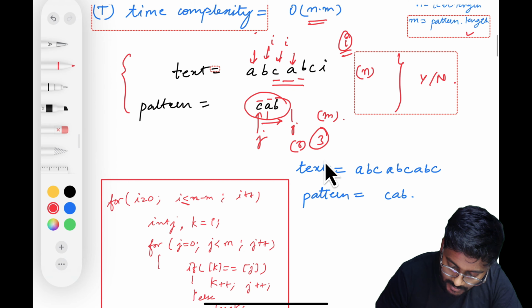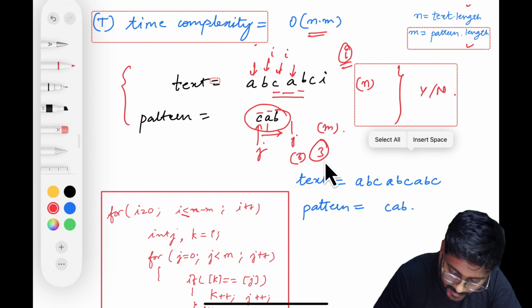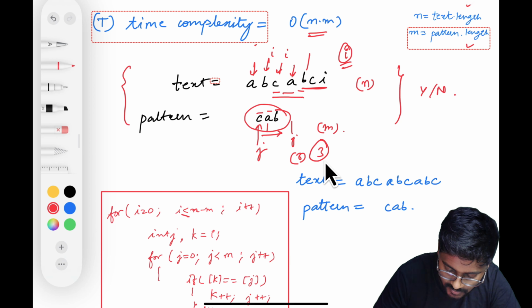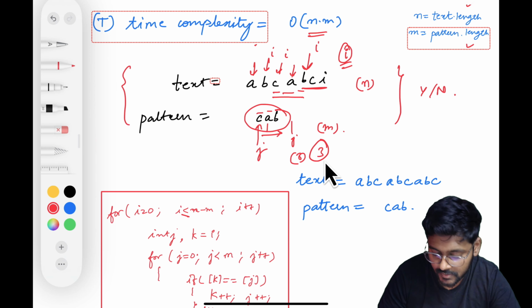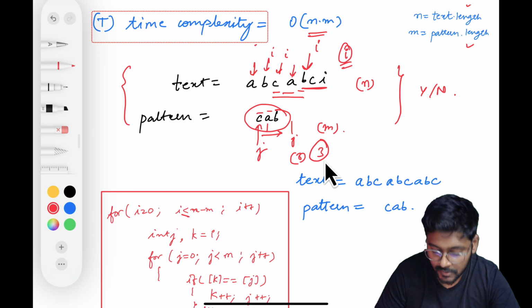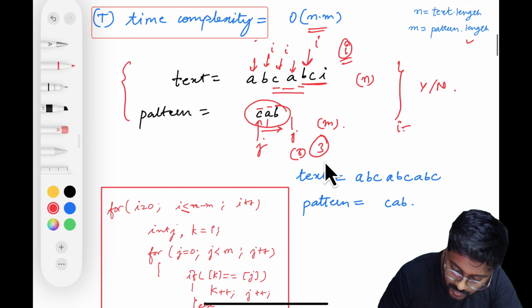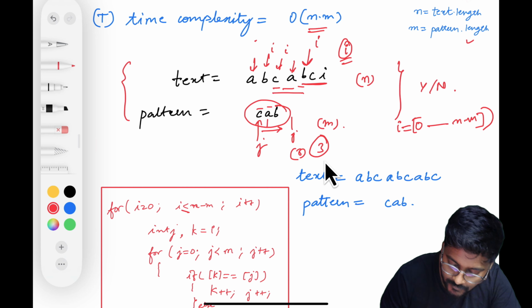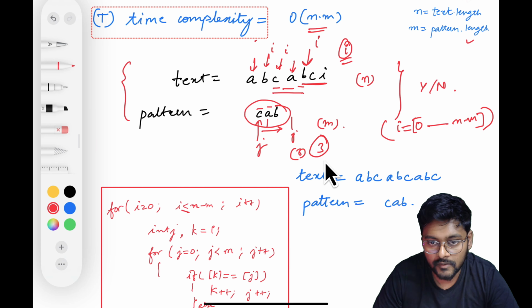If the pattern is of size 3, at least we should have 3 characters remaining in the text. So I should go till this moment. If the pattern is not present at this point, it is not present. So I is going to start from 0 and go till n minus m, both inclusive. This is the range for which the I pointer is going to start, and for every I, the J is going to go from 0 till m.